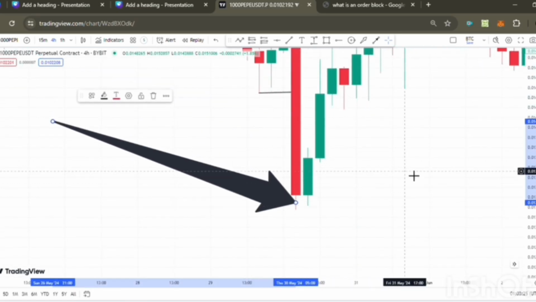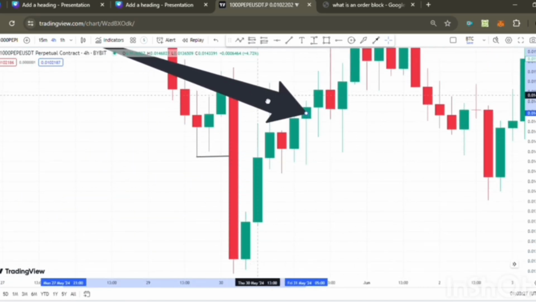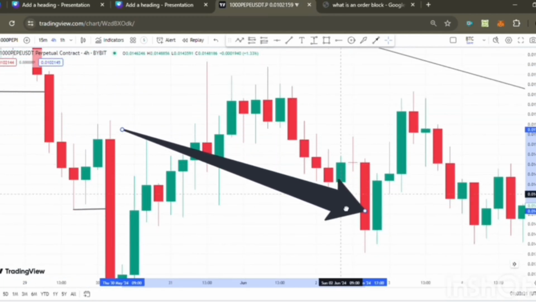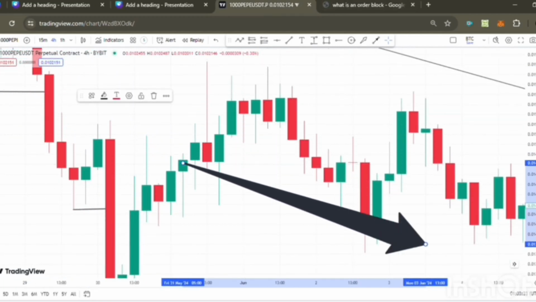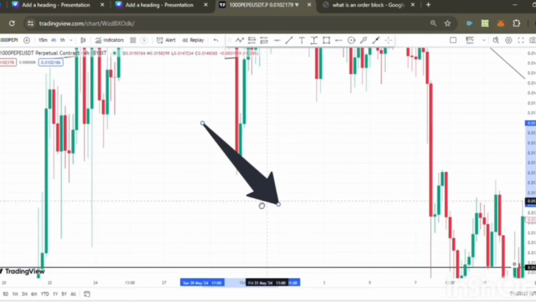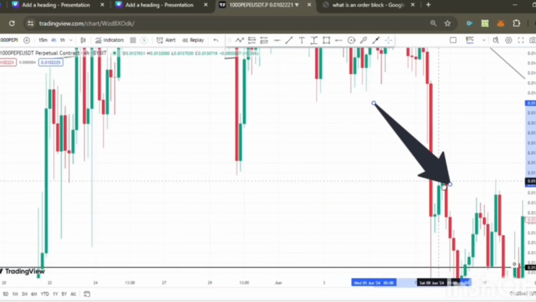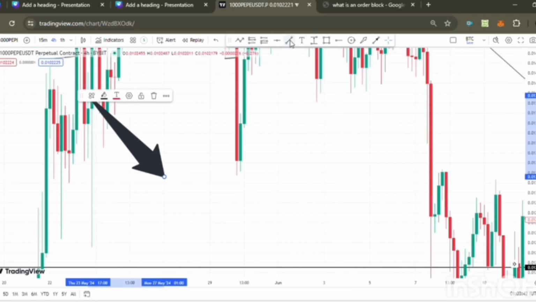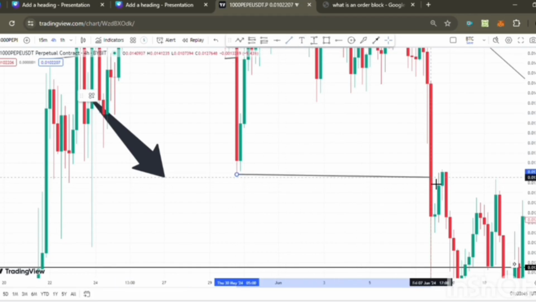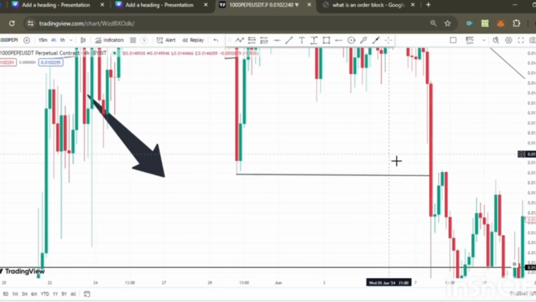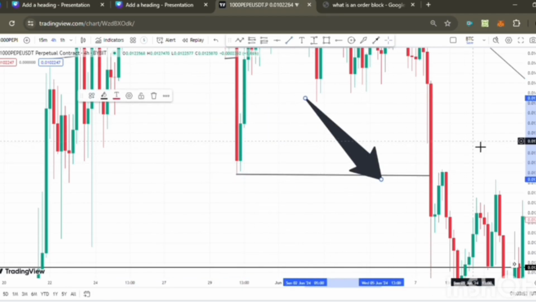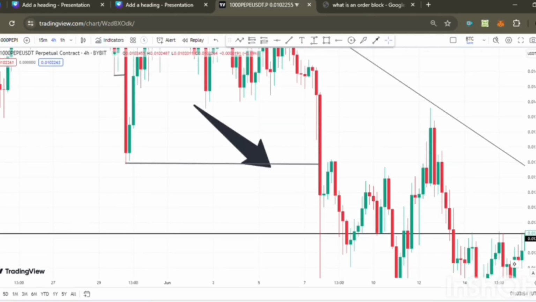Now it makes a retracement again, and breaks another structure here. As you can see, it breaks another structure here, from this point to this point. It continues breaking the bearish structure.